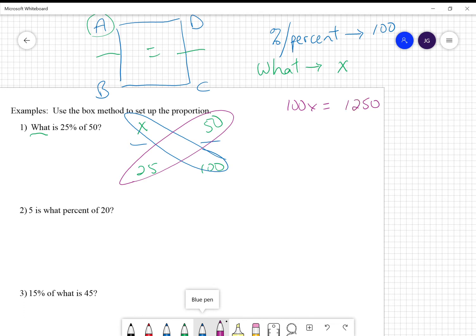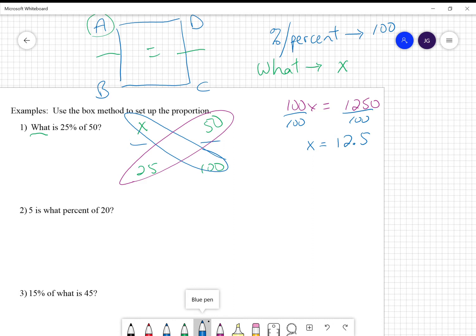Divide by 100. x equals 12.5. That's the box method.